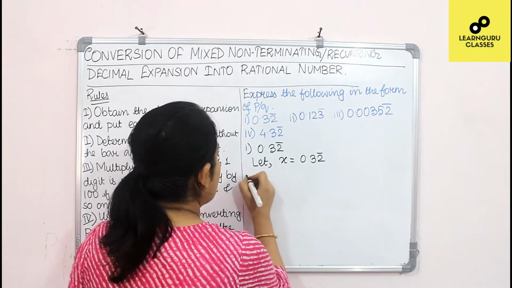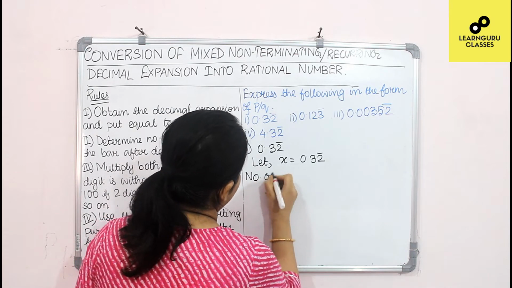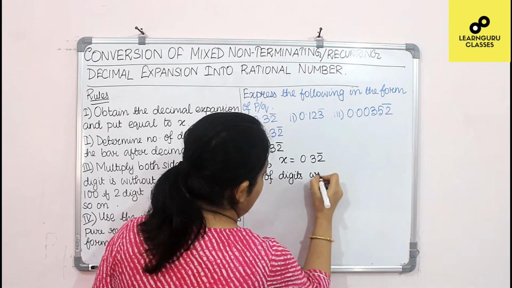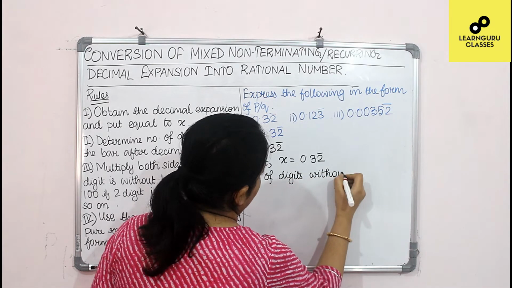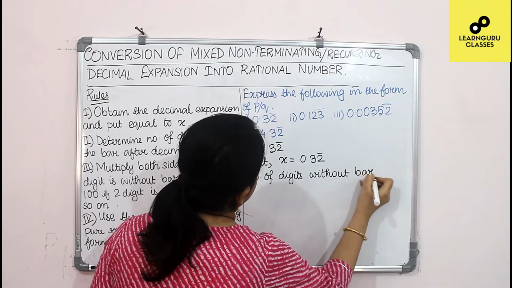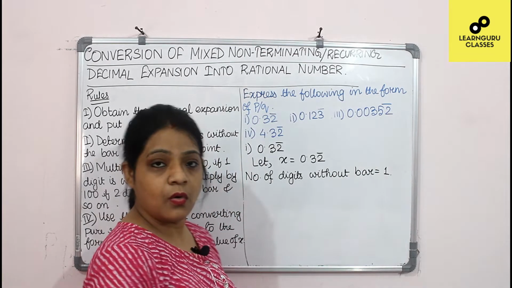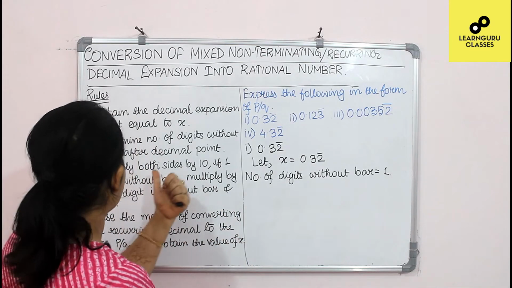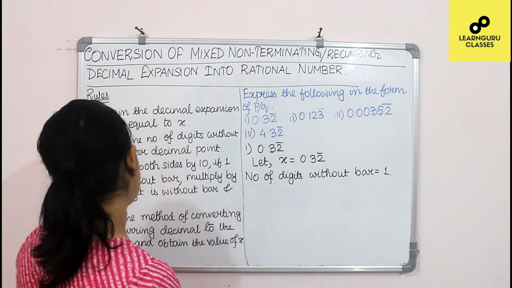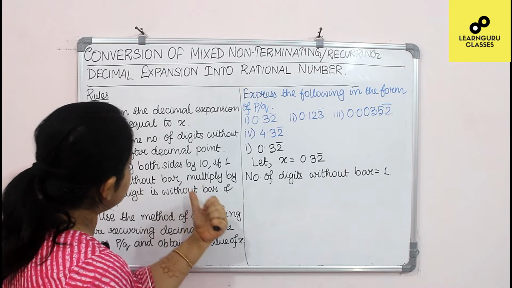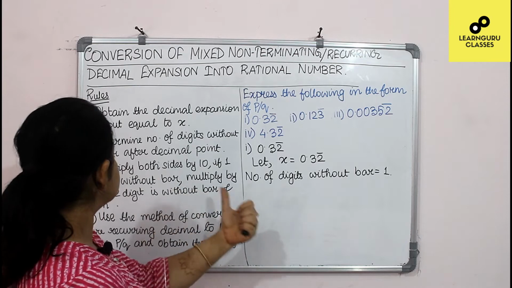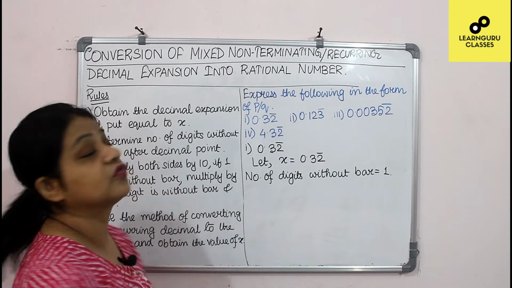I will write number of digits without bar equal to 1. Then the third step: multiply both sides by 10 if 1 digit is without bar, by 100 if 2 digits are without bar, and so on.